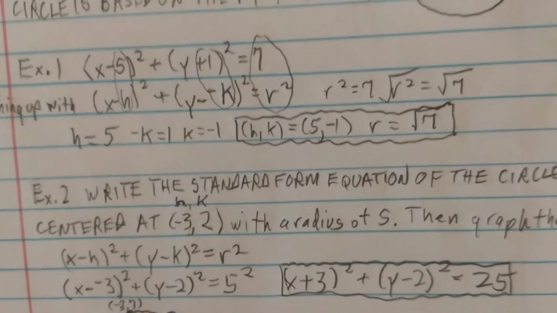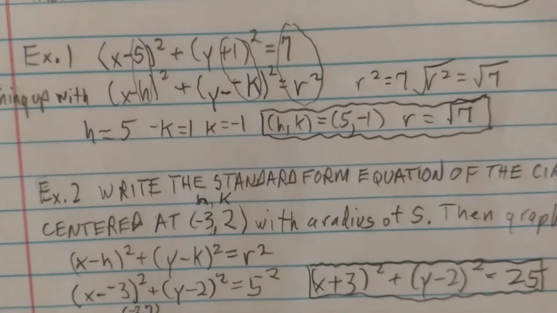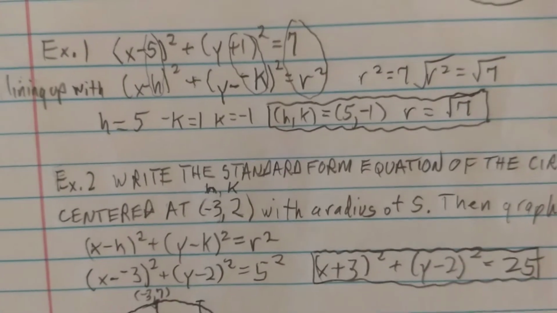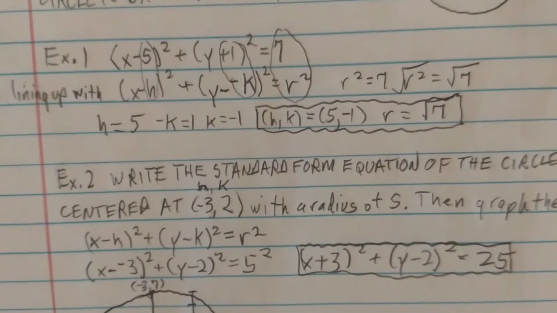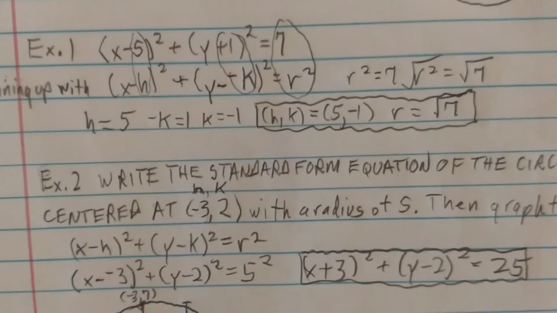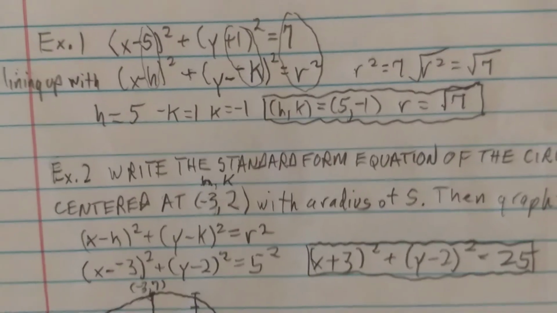But notice now, I have to have minus k to do y minus negative k to get a y plus 1 squared. So that makes negative k equal to 1 because I have to have y minus, and that makes k equal to negative 1.